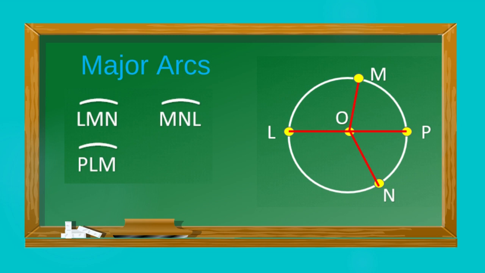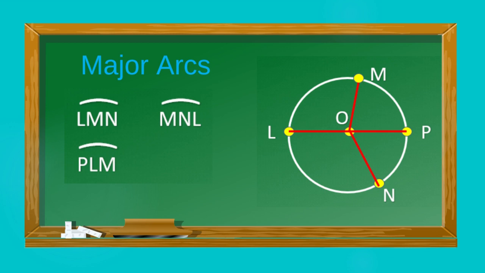Using this figure, we have circle O, the same points: point L, M, P, and N. If you're going to name major arcs using point L, then in a clockwise direction, we have arc LMN.